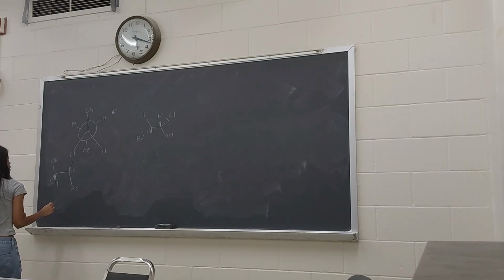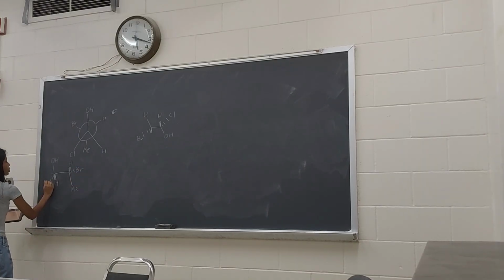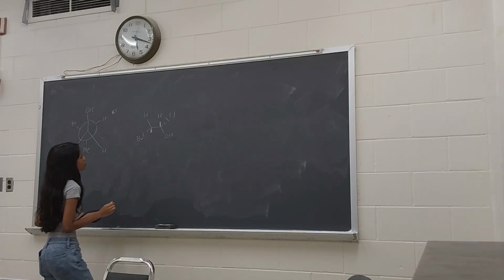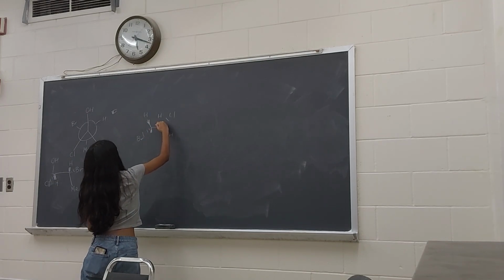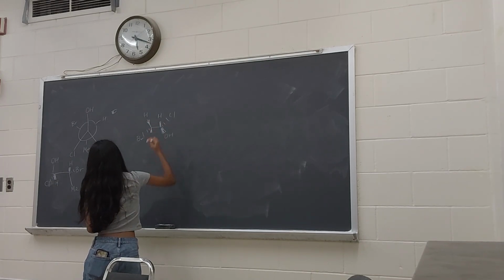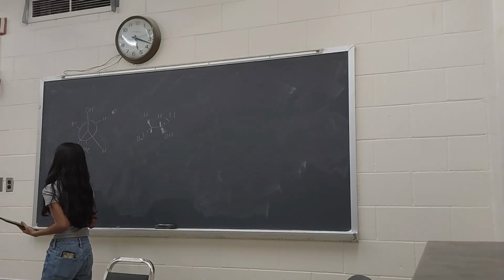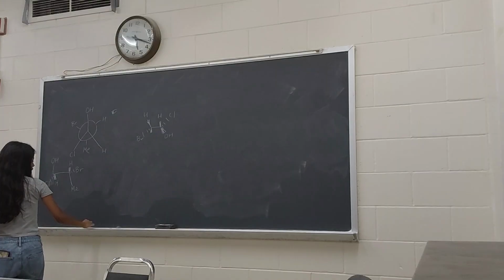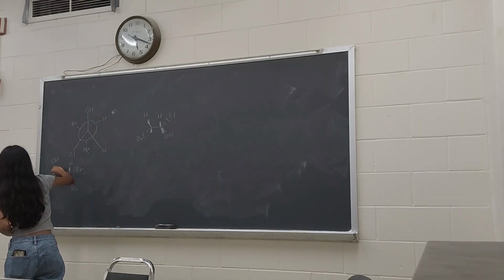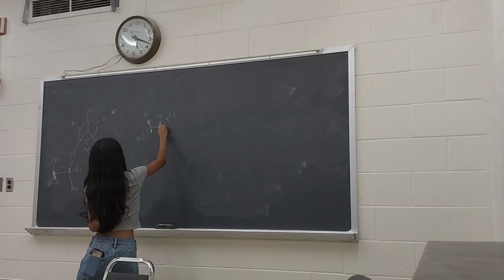And then Br, and C. And then we number by atomic number, right? First, the chiral hydrogens. Keep it consistent.